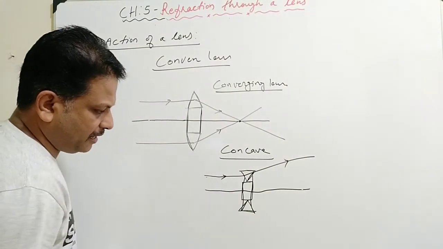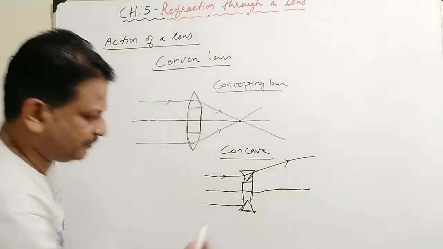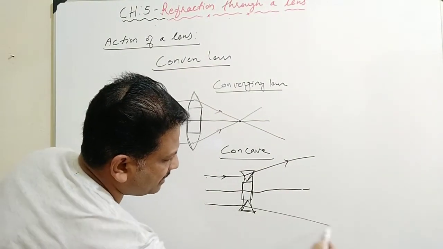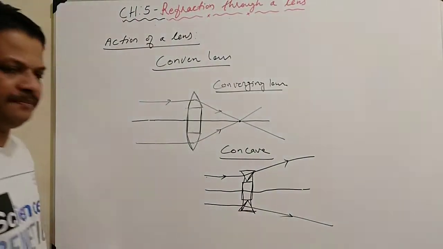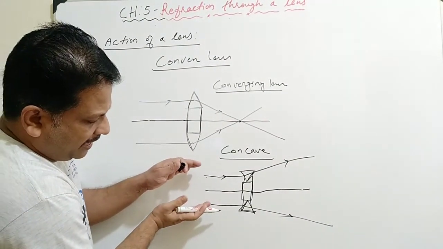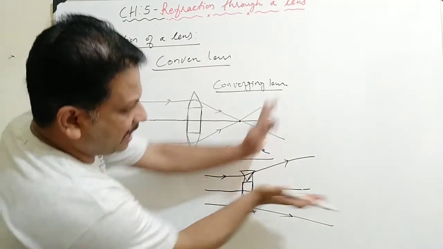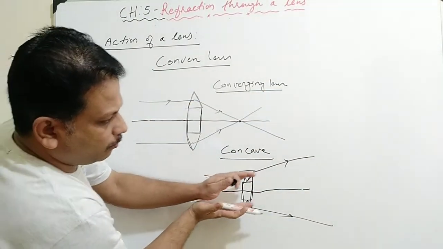Now a ray of light incident on the lower part of the prism, after refraction, also bends towards the base of the prism. As a result, you can see that when rays of light travel through a concave lens, after refraction they are diverging, moving away.